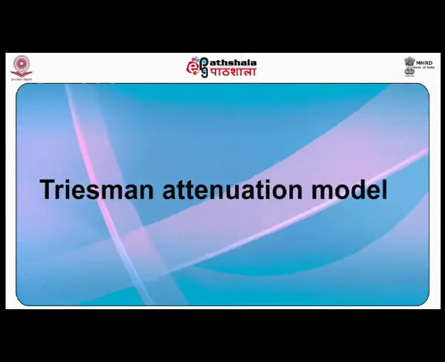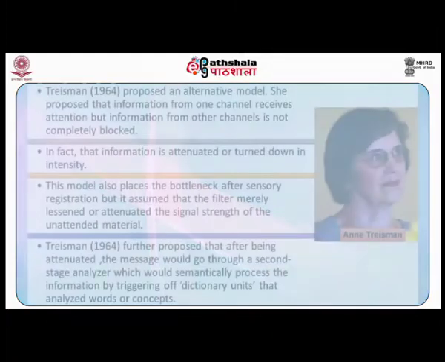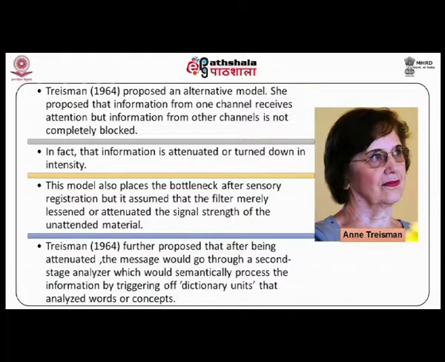Next, Treisman's attenuation model. Treisman proposed an alternative model. She proposed that information from one channel receives attention, but information from other channels is not completely blocked. In fact, that information is attenuated, or turned down in intensity.